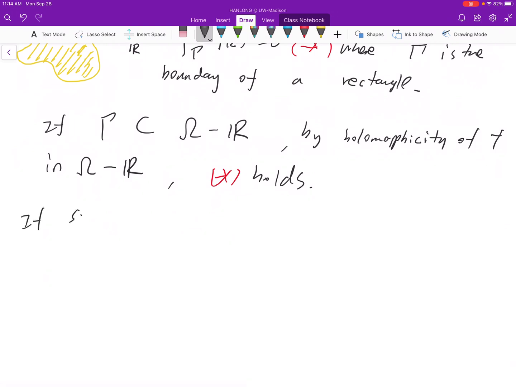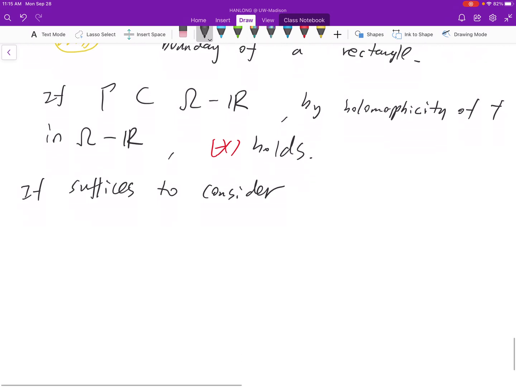Then it suffices to consider the following case where the rectangle crosses the real number line.